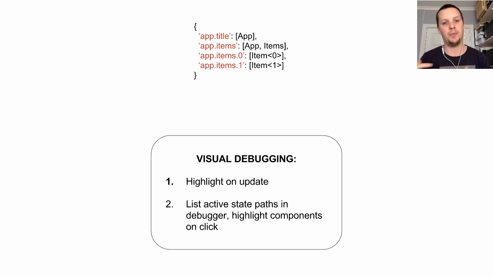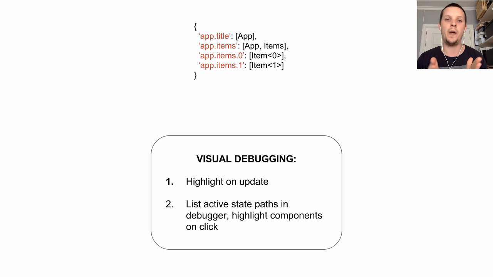One thing is this optimization stuff, but it also gives the possibility to do some nice debugging, because now we have in the container, we know about all the state paths that the application is currently interested in, and we know about all the components related to that.